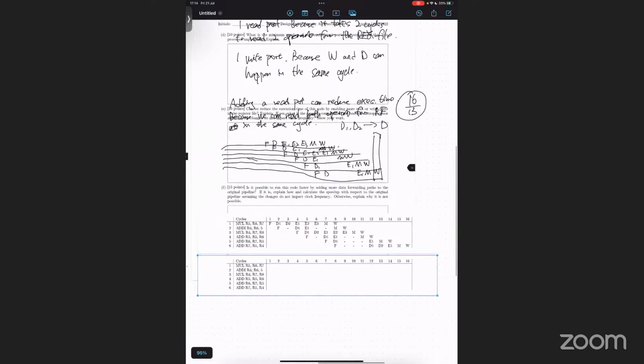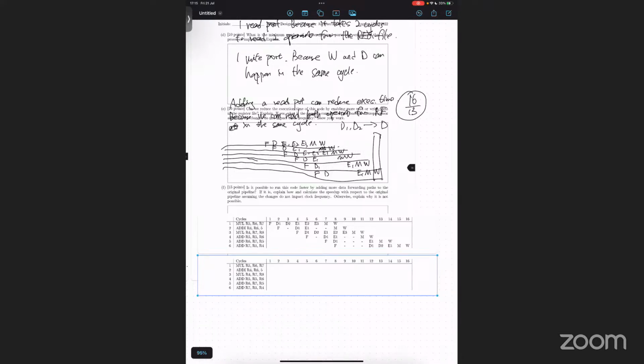As we said, the purpose of data forwarding is to forward the results from the ALU directly to the previous stage of the pipeline without having to wait for the memory and write back stage.